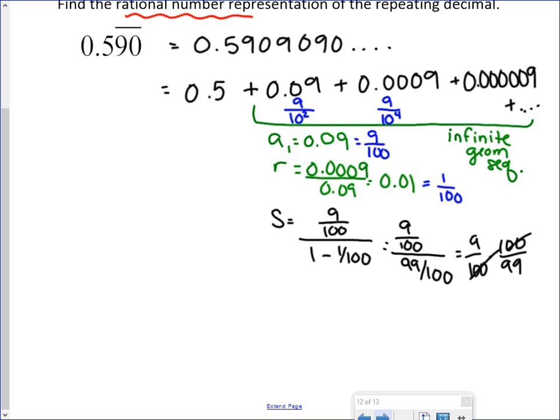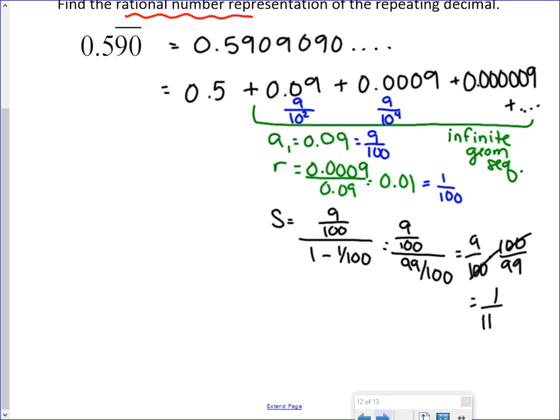And then your 100 cancels, and 9 over 99 is 1 over 11. If you're not changing it into a decimal or into a fraction, you're having to use your calculator. But the whole idea here is we could find out the fraction representation without a calculator.